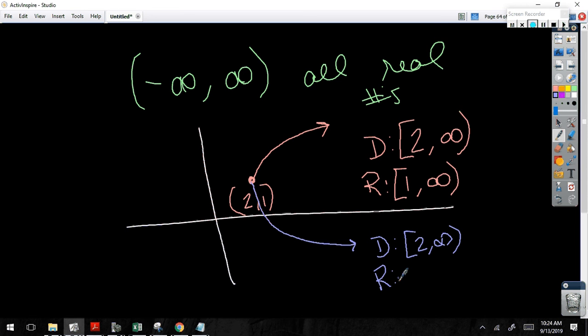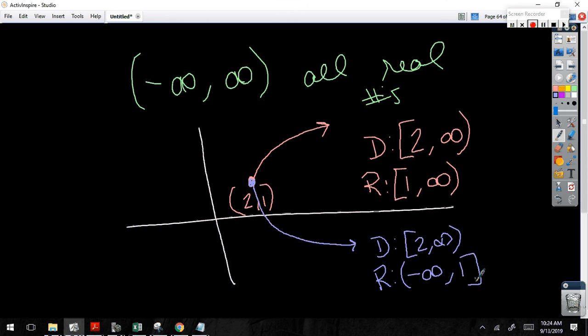Range is still restricted if it's just the blue, not the pink. Smallest to biggest, negative infinity to 1. No, because it's going to the right. Domain is left to right, range is bottoms up.